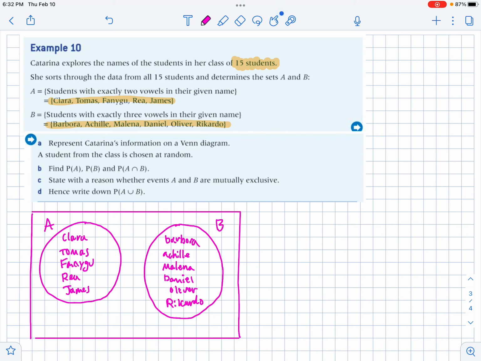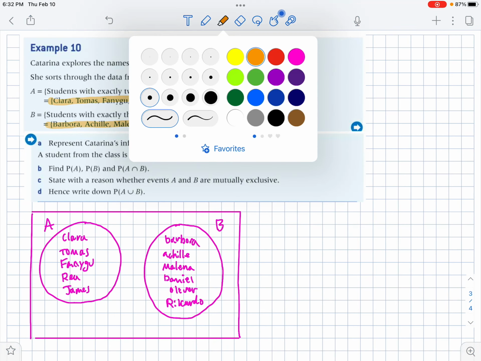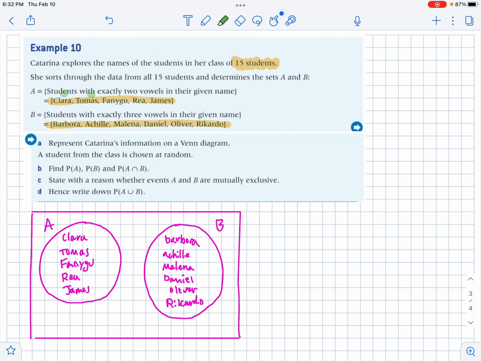Now, when I add up how many names we just did, I see that we have 1, 2, 3, 4, 5 in A, and then we have 1, 2, 3, 4, 5, 6 in B, which only adds up to 11 students, which means there must be 4 more students out there who don't fit into either of these groups. So I don't know what their names are, but we're going to call them Student 1, Student 2, Student 3, and Student 4.